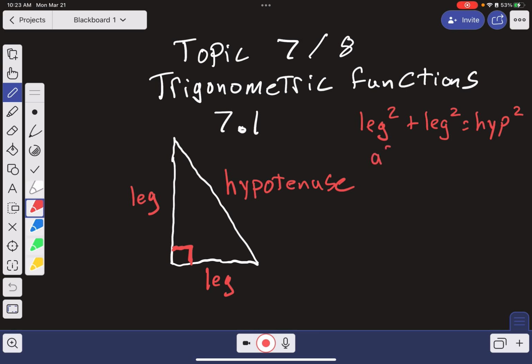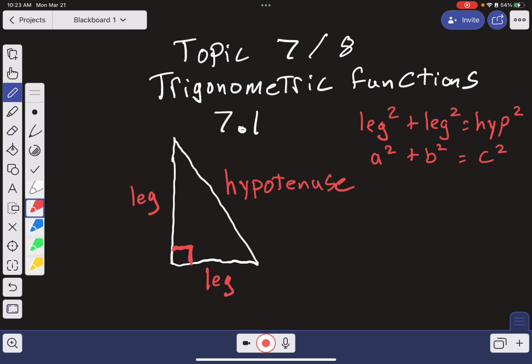You always hear it a squared plus b squared equals c squared. That's what you're used to hearing. But understand, when we say a squared plus b squared, the a and the b values always represent the legs of our right triangle. The c value always represents the hypotenuse.